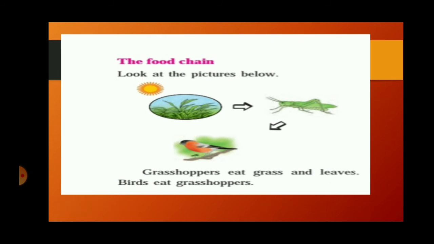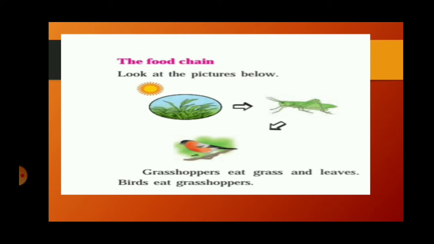Now, observe this picture children. We can see the sun, some plants, grasshopper and a bird. They are all connected. Each component, plant, grasshopper, bird, is food for the next one. So we say that they form a chain. Such a chain is called a food chain.